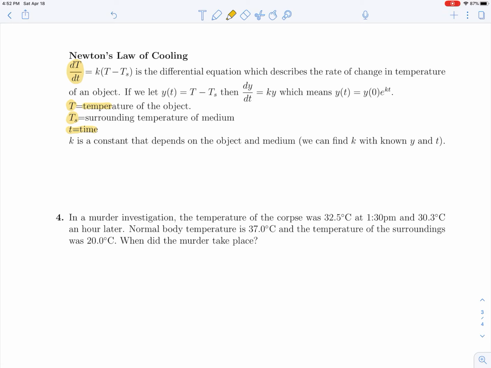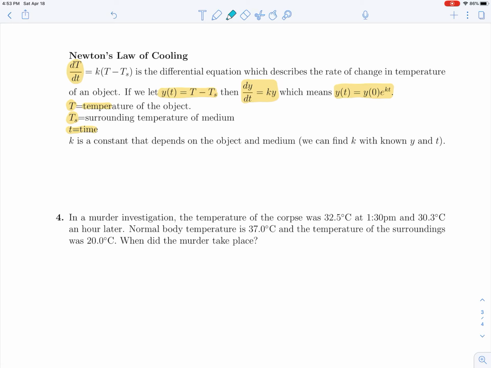And if we let y of t equals T minus Ts, then dy/dt equals ky, which means y of t equals y naught e to the kt. If you can see what's going on there, Newton's law of cooling is similar to our exponential equation.